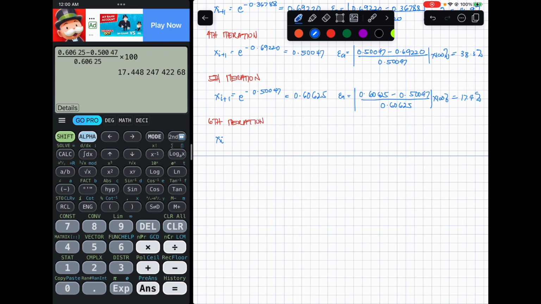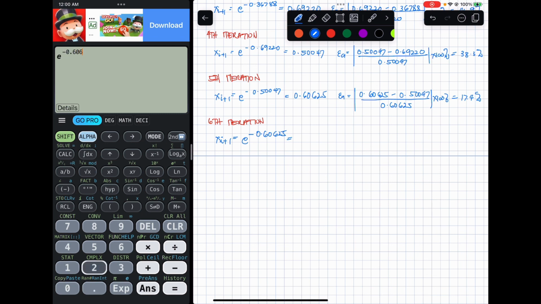Okay. So we proceed with the 6th iteration. So x sub i plus 1 is equal to e raised to negative 0.60625, which is 0.54539.